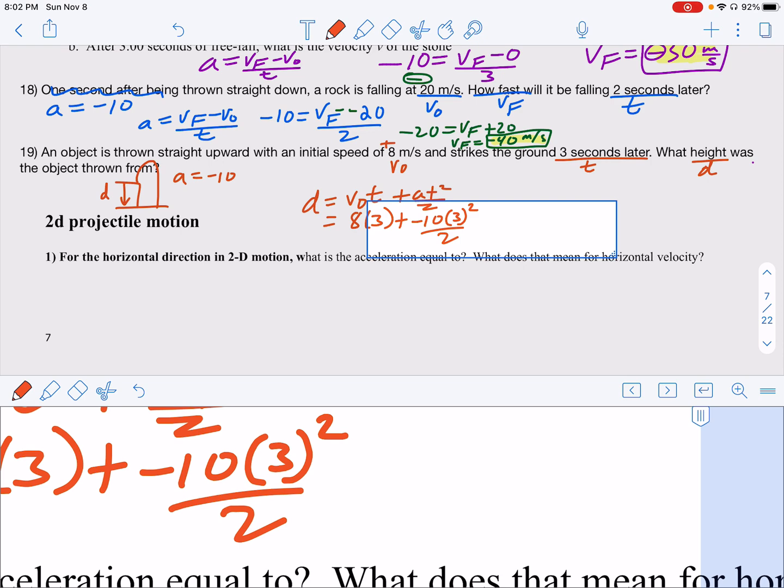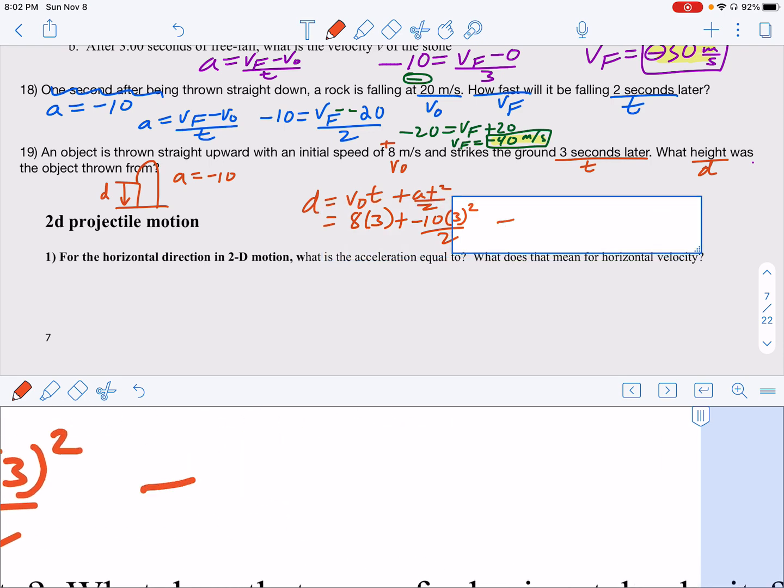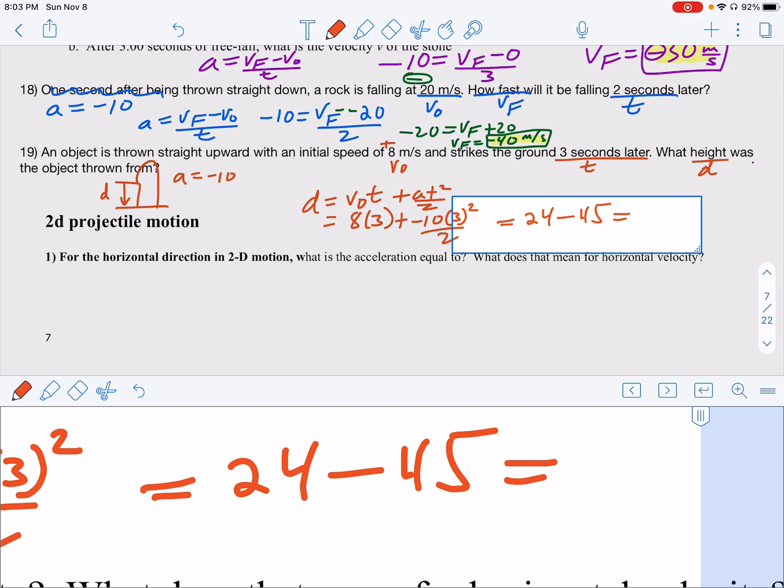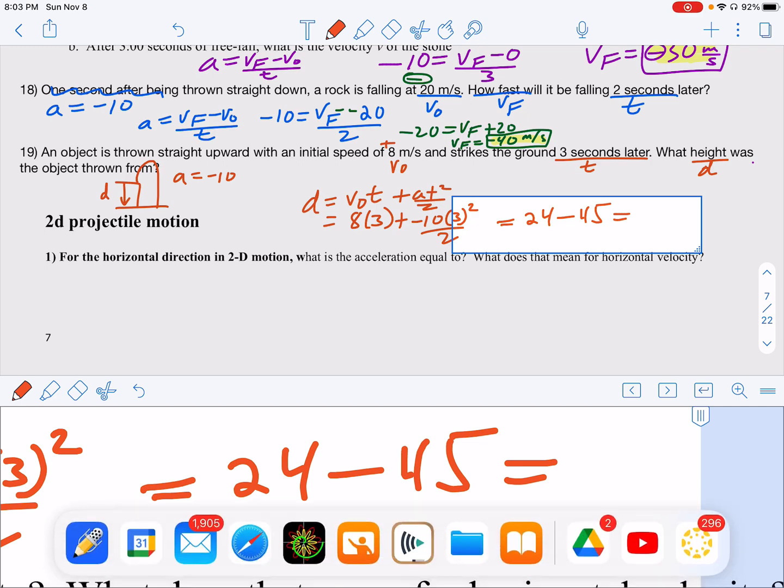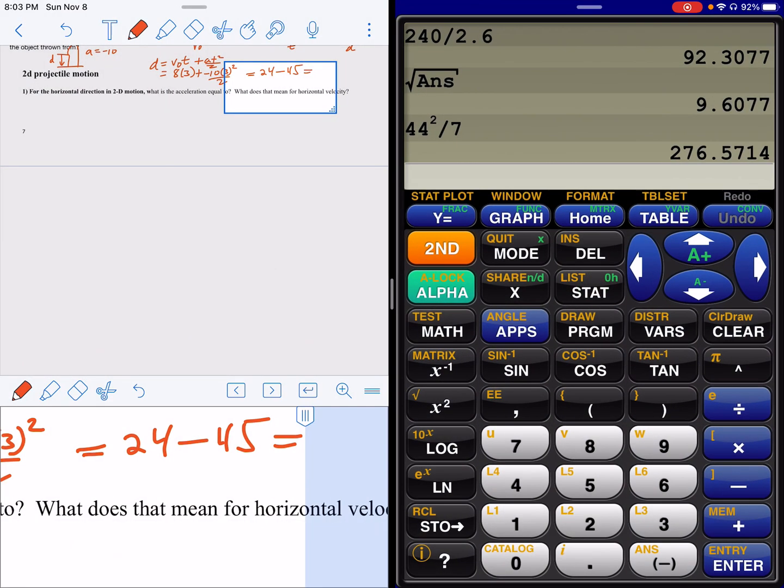So this would be 24 minus, you can use a calculator, I'm just practicing. 3 squared is 9 times 5 is 45. Okay, 24 minus 5 times 9. So I'm going to use my calculator. 24 minus 45.